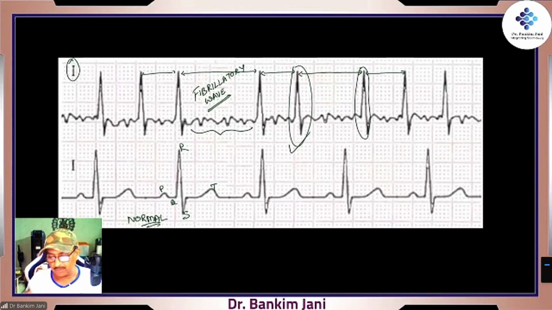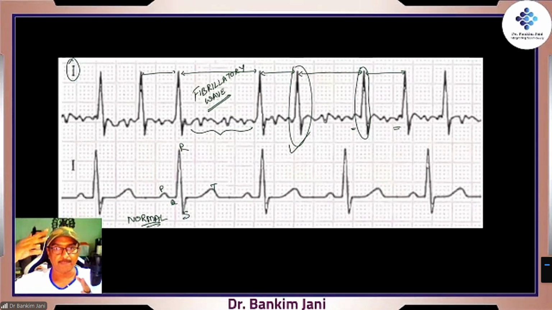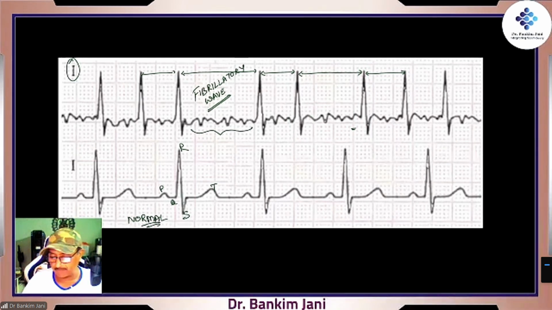But again, by the time it comes out of the refractory phase, this time it got some breathing time, so this time it came much faster. Because the signals are randomly generated in the atria, there are randomly generated QRS complexes. And these QRS complexes are those which have come out of the refractory phase of the AV node.